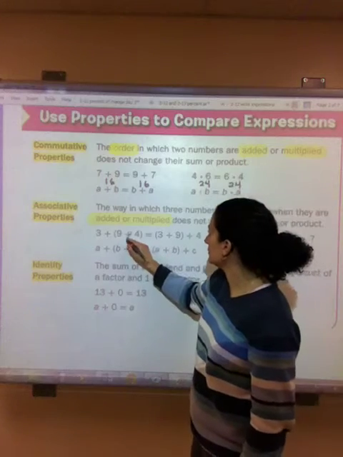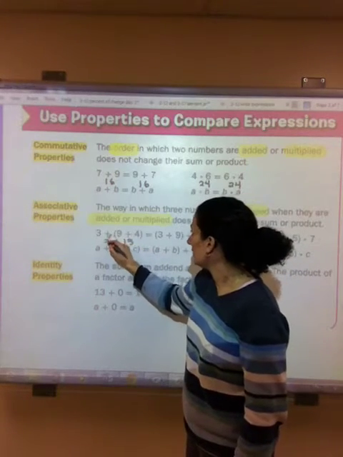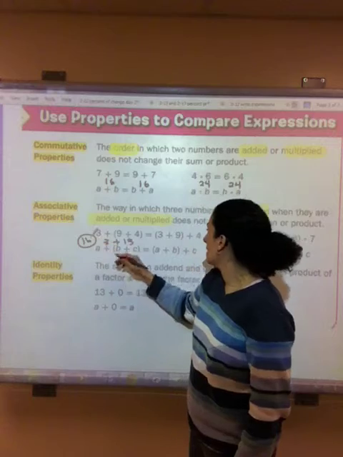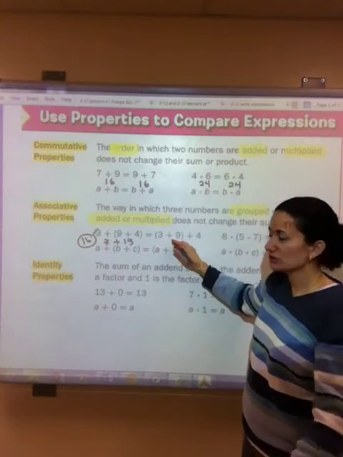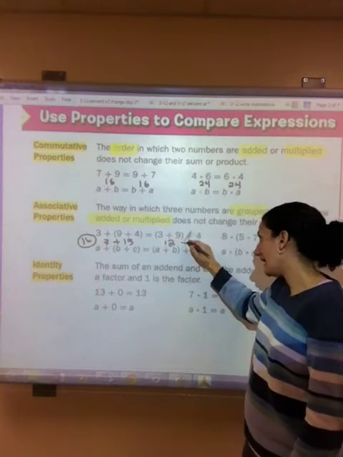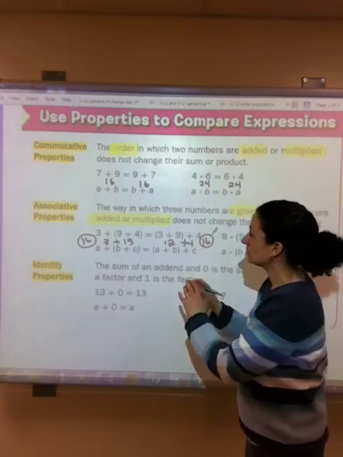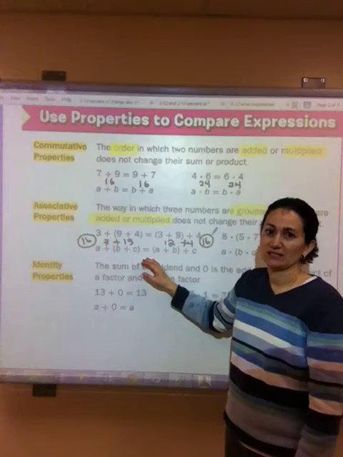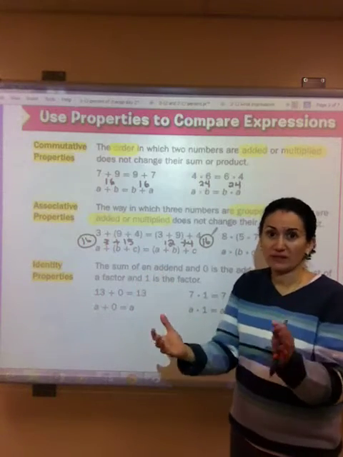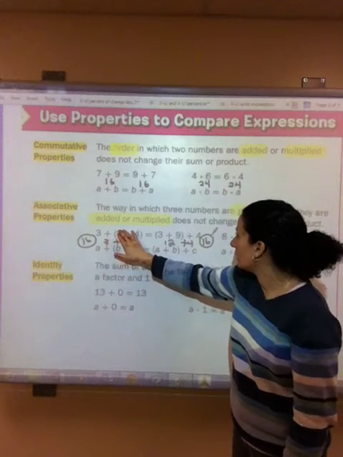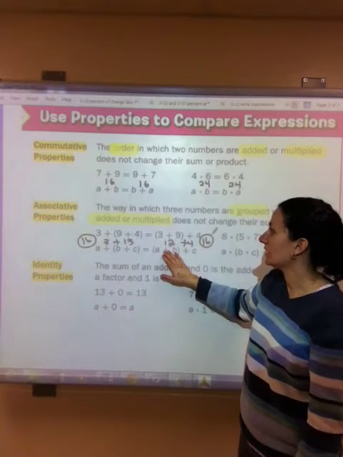See, 9 plus 4 is 13, and then add 3 would give me 16. If I add 3 plus 9 first, I would get 12, and then add 4, I would still get 16. What I want you to notice here are the parentheses. The parentheses are the grouping symbols. Here they're around the 9 and 4, here they're around the 3 and the 9.